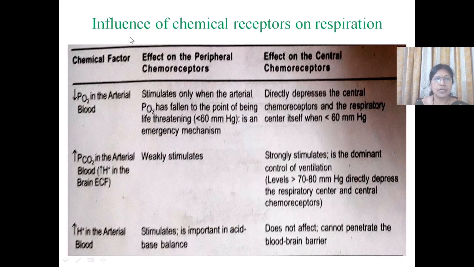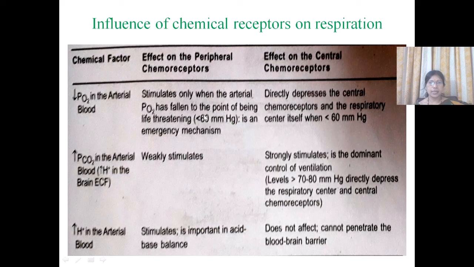This slide shows the influence of chemical factors on respiration. The first chemical factor is the partial pressure of oxygen in the arterial blood. When it is lowered, it stimulates the peripheral chemoreceptors, but only when the arterial PO2 has fallen below 60 mmHg.